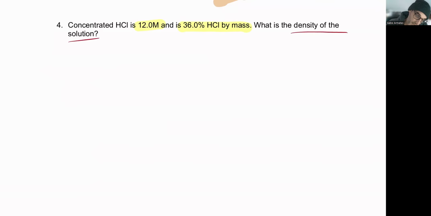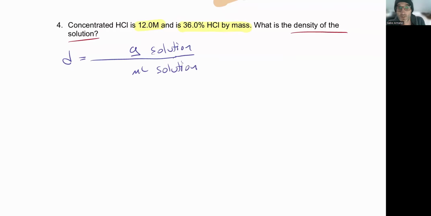So D is equal to mass of solution, or I should say grams of solution, over volume or milliliters of solution. Do we have any of those? In fact, we don't really have any quantity at all. There's no mention of mass or volume of either of these.